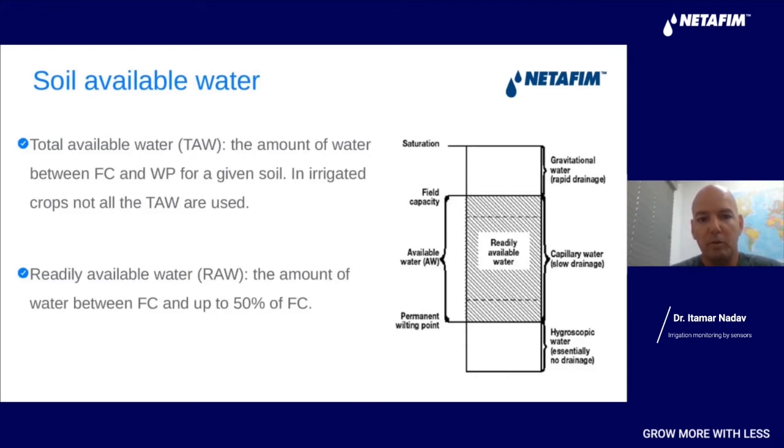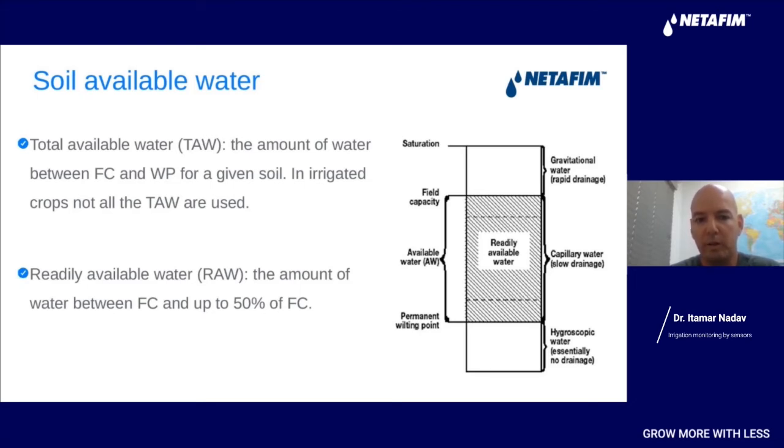So if we are talking about what's available for the plants, we are talking about the total available water, TAW, which is defined as the amount of water between field capacity and wilting point, for a given soil, and I'll give you some examples for that. And as I mentioned, in irrigated crops, not all the total available water is actually used, because we don't want to come near the wilting point.